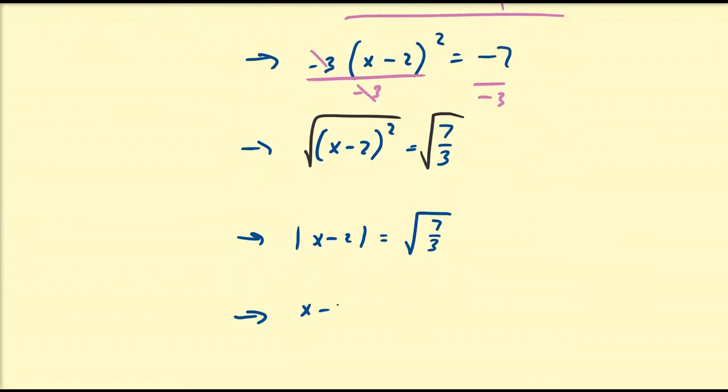So either x minus 2 is equal to the square root of 7/3, or x minus 2 is going to be equal to negative square root of 7/3. Then I'm going to add 2 to both sides of these equations.